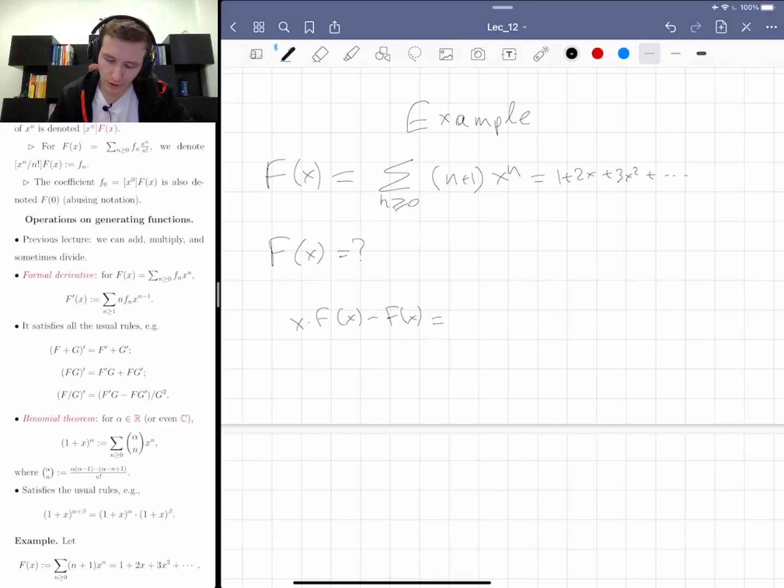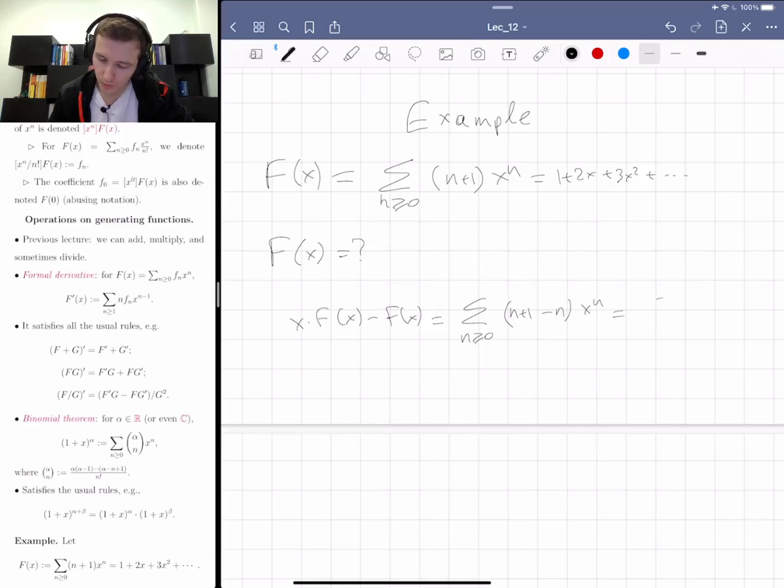I guess you're saying I'm going to get just the sum of n greater than or equal to 0, and each coefficient is going to be n plus 1 minus n, x to the n. Yeah, I think that's what's going to happen, right?